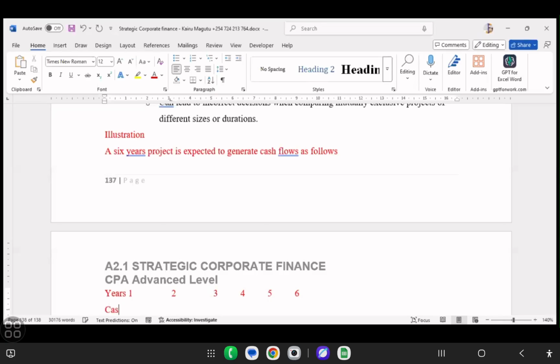Cash flows. The cash flow 120 thousand. This one I give 150,000.